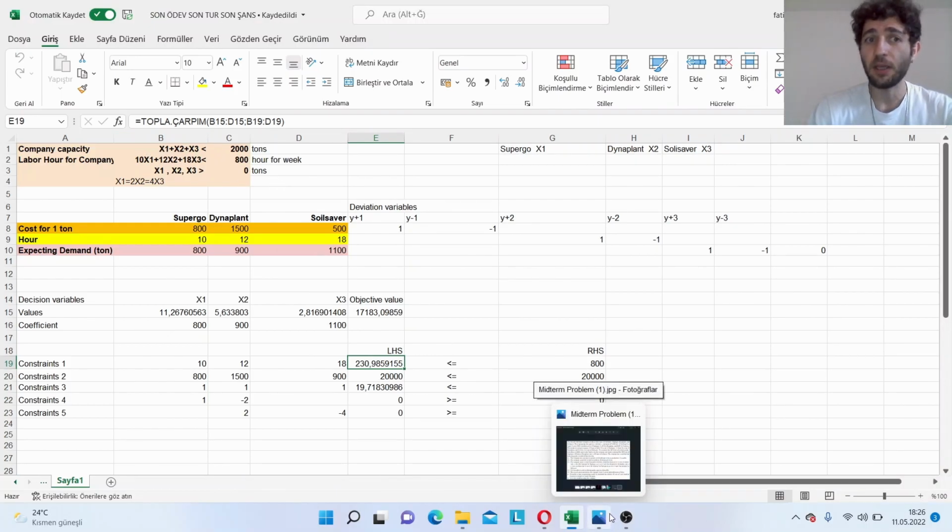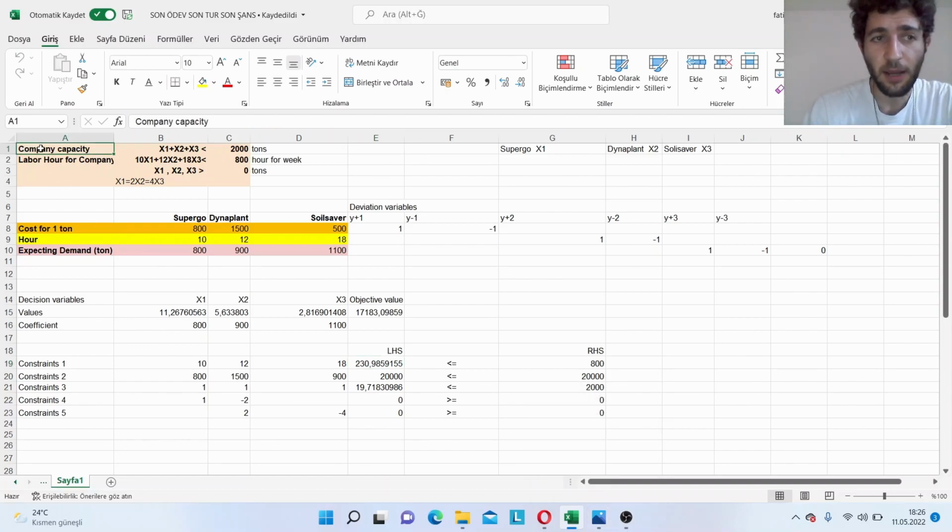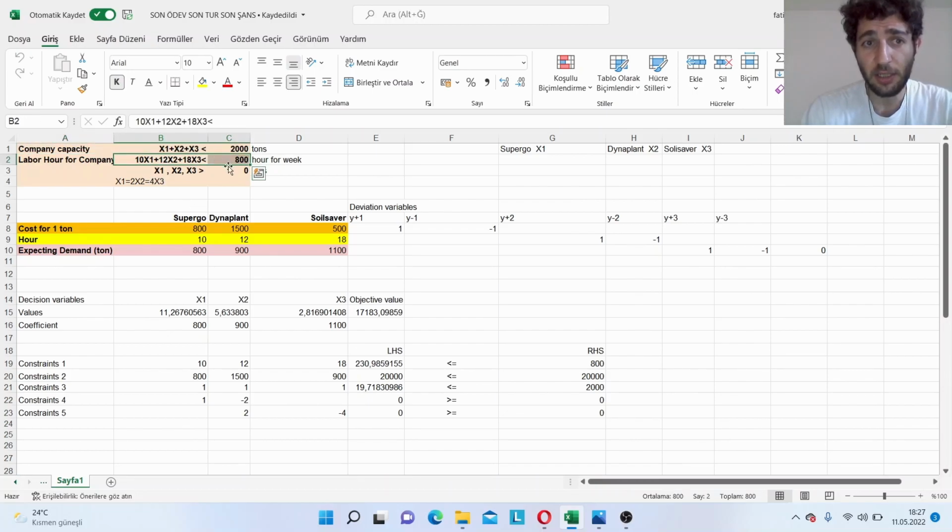It must be less than or equal to 200 tons, and I put these values here, and the other equation is here. It's related to labor hours for the company.